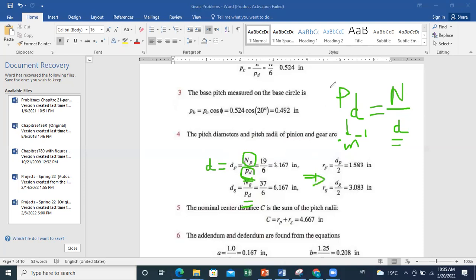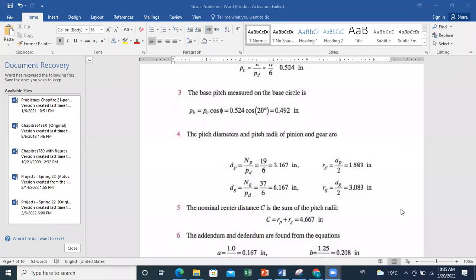Again, as I told you, you have several ways to present: you use the subscripts P and G for pinion and gear, or you can use small d and big D, to avoid any confusion between DP and PD.